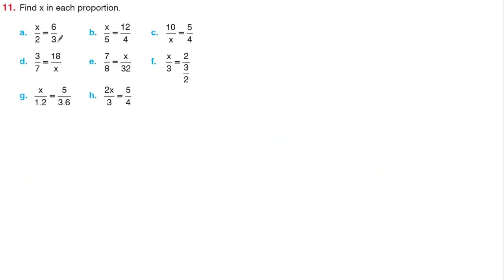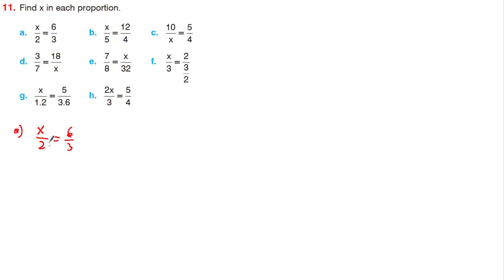Find x in each proportion. Well, you can use one of the previous methods that I mentioned. So x over 2 is 6 over 3. You can use cross multiplication, or you can just divide the second fraction by 3, you get 2 to 1 and then multiply by 2.